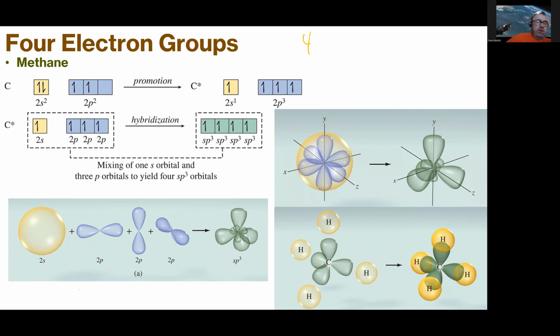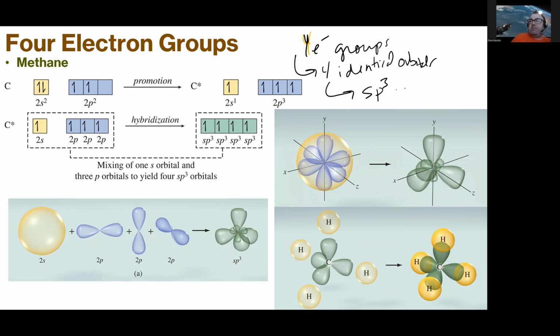Okay, four electron groups, which means we need four identical orbitals, which means we're going to be sp3. And sp3 and tetrahedral go together. Remember, this is thinking about the electronic geometry. sp3, tetrahedral electronic geometry go together.